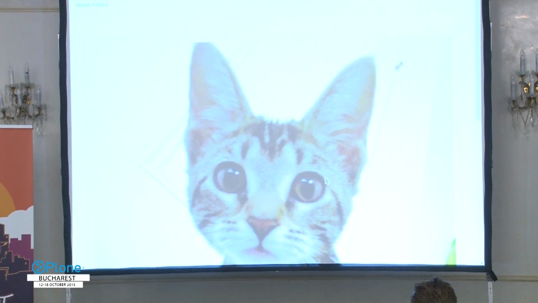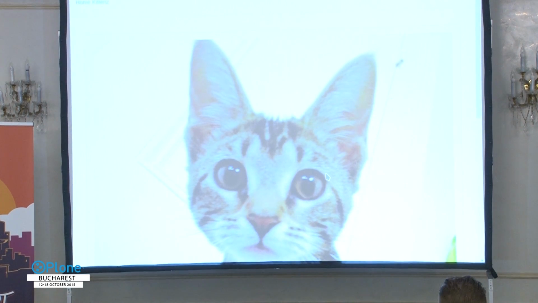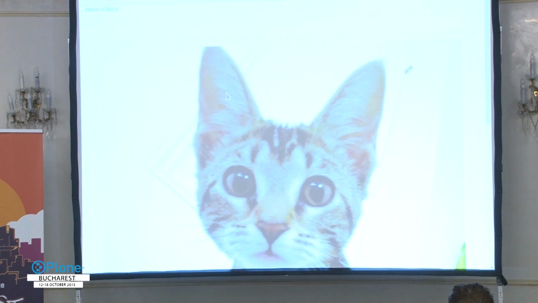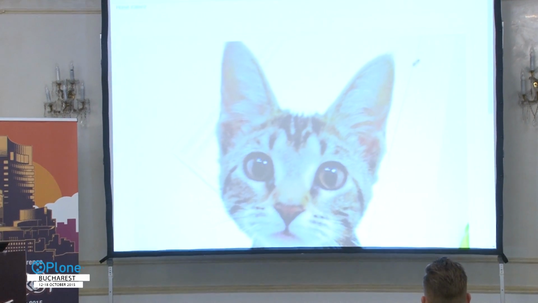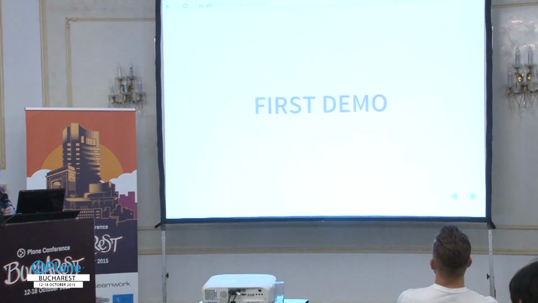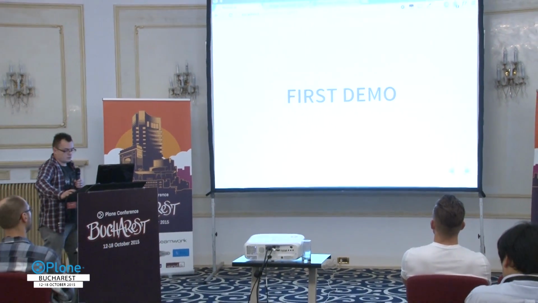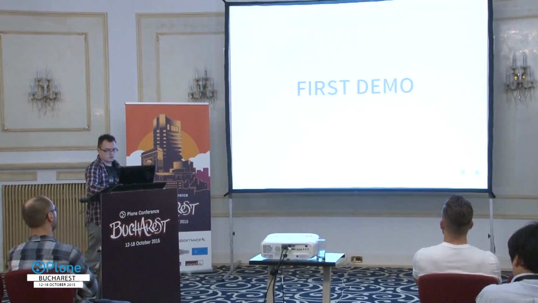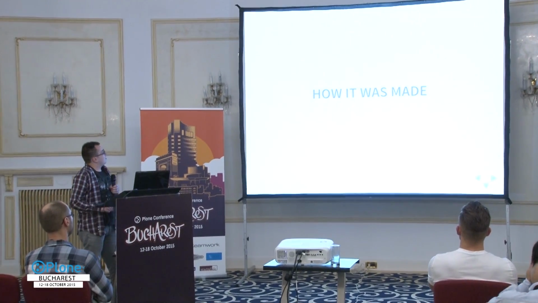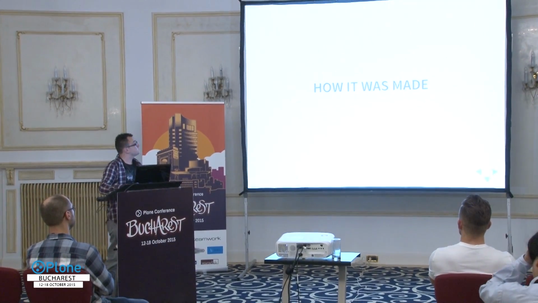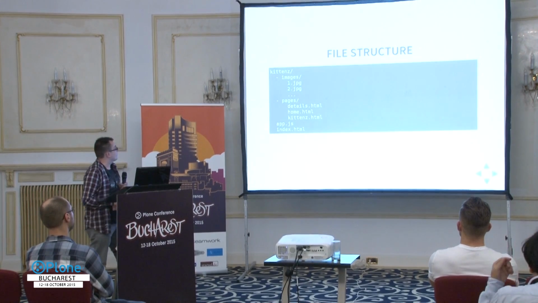Now, if you go and start doing this in jQuery, things could become a little bit complicated. Now, I'm going to go back to our slides. So, how does it look? Let's look at the file structure.